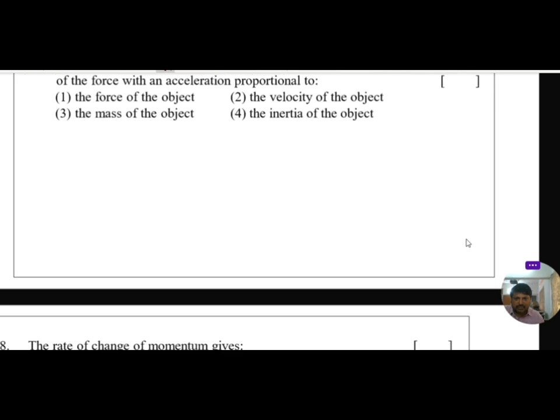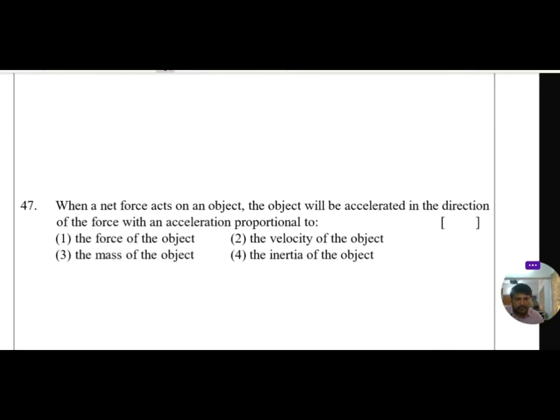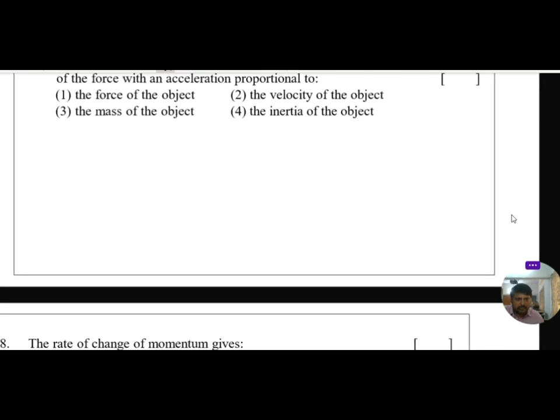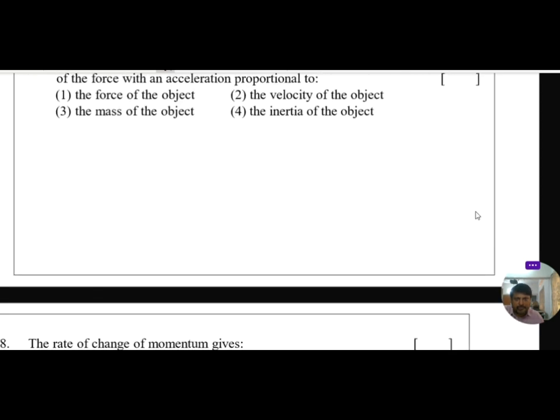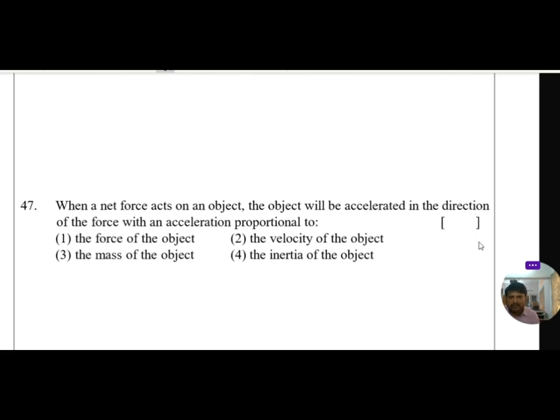Let's go to the 47th question. When a net force acts on an object, the object will be accelerated in the direction of force with an acceleration proportional to what?